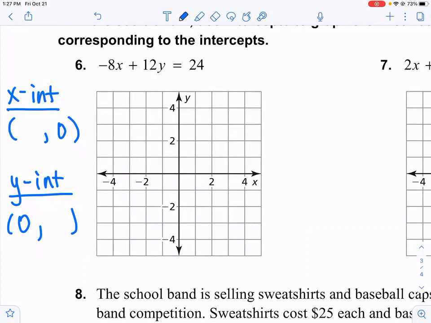Should we try that? Negative 8x plus 12y equals 24. But we know that the y is 0, so we're going to plug 0 in for y. Abby says, hey, 12 times 0 is 0. So really we have negative 8x equals 24. Nirvan, do you agree that x equals negative 3?